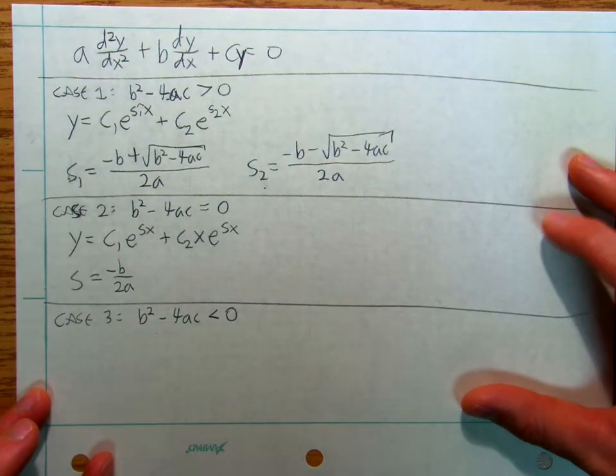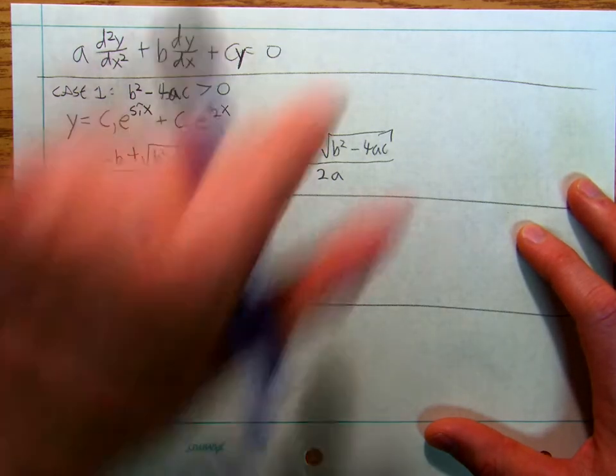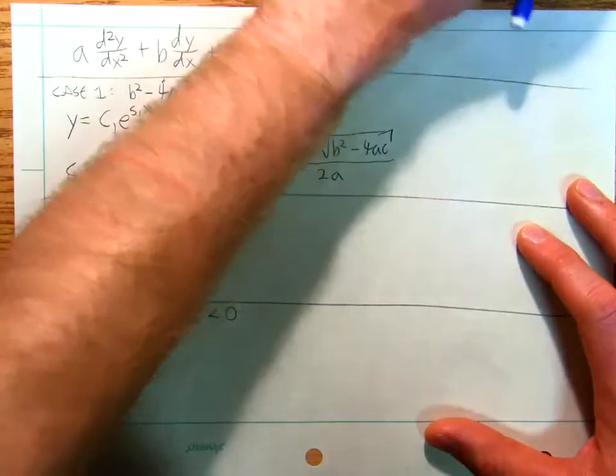In case 3, I'm going to have an imaginary part, and that imaginary part is going to give rise to these sines and cosines.